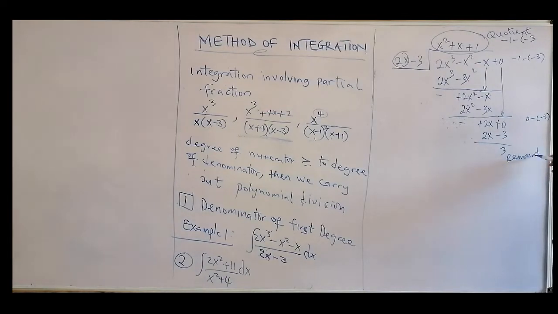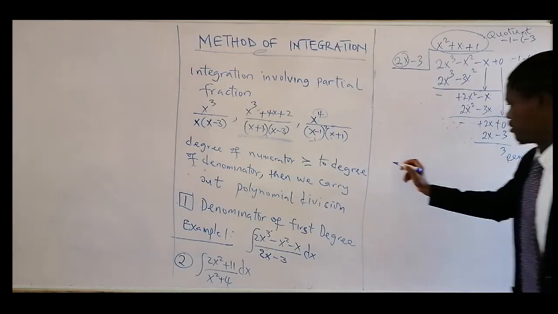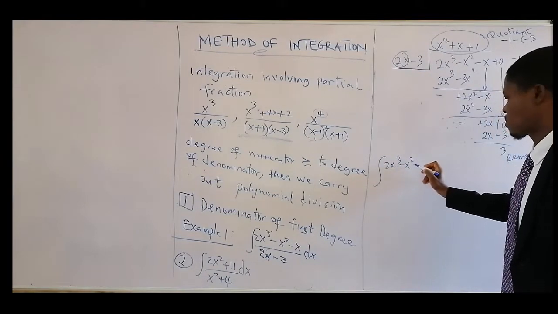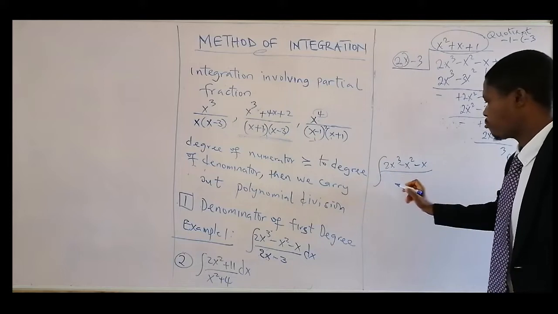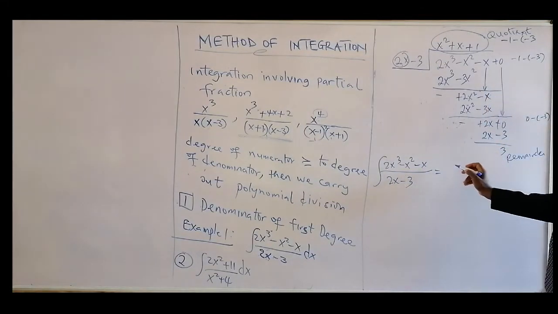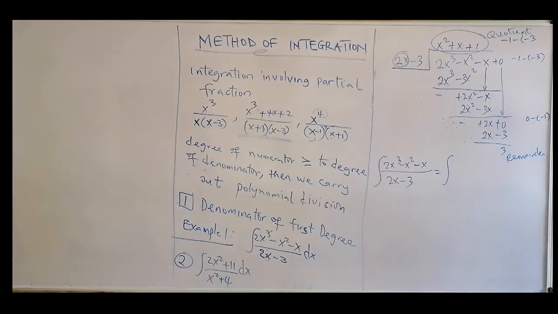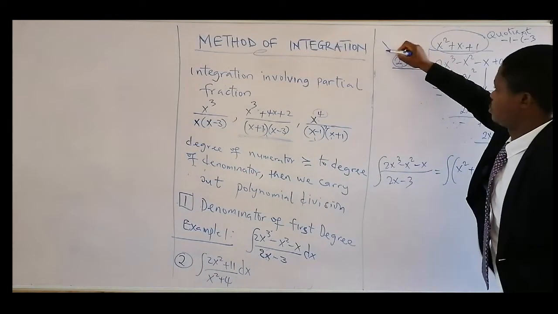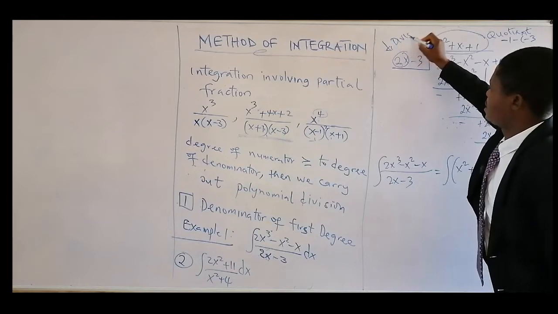Okay. So your integral now, integration of this problem will now become the integral of 2x minus 3. The first thing, you write your quotient first, x squared plus x plus 1, open brackets, then plus the remainder here, 3 over the divisor. This is what we call the divisor.